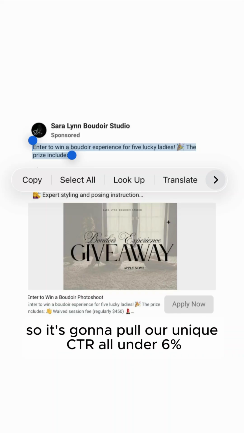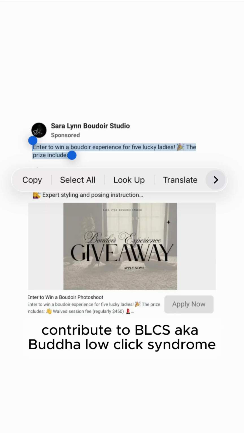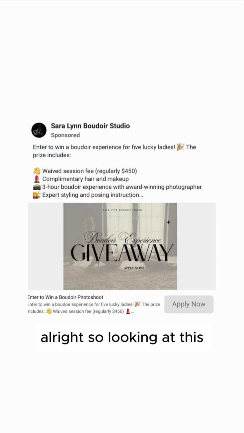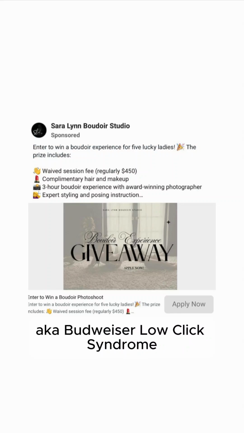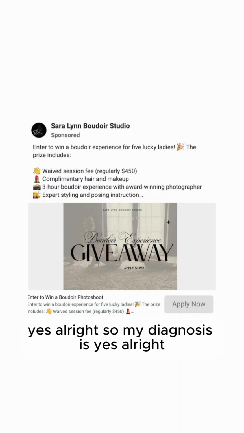So it's going to pull our unique CTR all under 6%, and it's actually going to contribute to BLCS, aka Boudoir low click syndrome. All right, so looking at this, do we believe this has BLCS and has a unique CTR all under 6%? Yes. All right, so my diagnosis is yes.